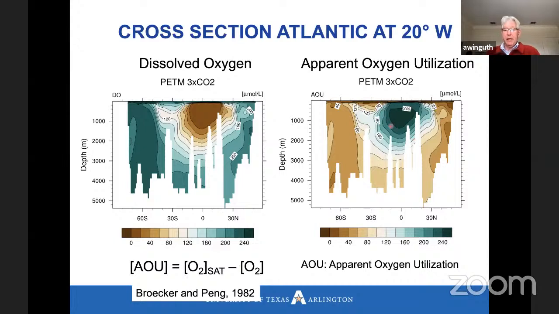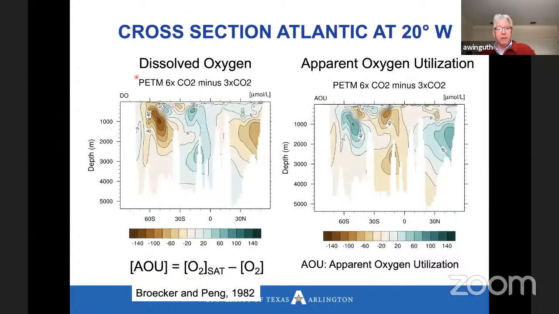So the AOU is somehow representing the biological pump, and what we see here in the 3 times CO2 simulation is a high oxygen utilization due to the remineralization, and then the other values are relatively low, so this is a dominant part.